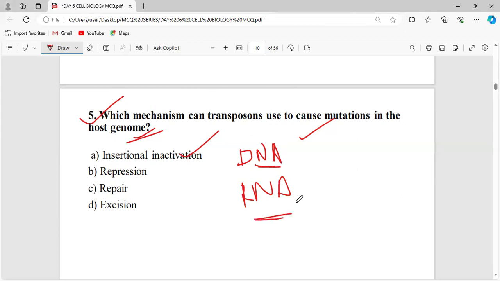The RNA ones, we call class 1 transposons, or retrotransposons. And in eukaryotes, which transposons are very common? In eukaryotes, can we find DNA or RNA transposons?